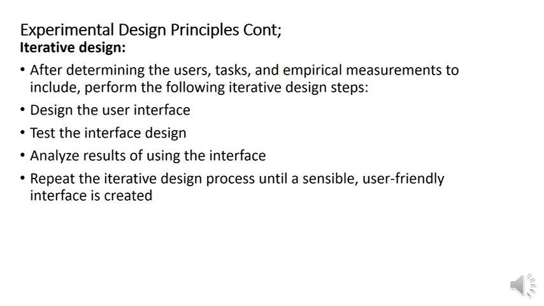Like what we said, design, prototype, evaluate, redesign, then prototype again, then evaluate again until the desired process, until a sensible or user-friendly interface is created. That's what they are simply saying here.